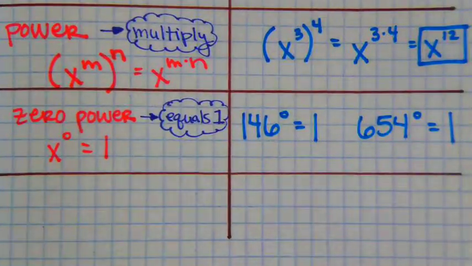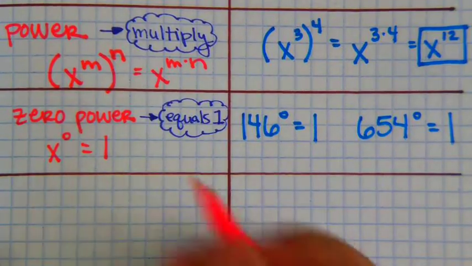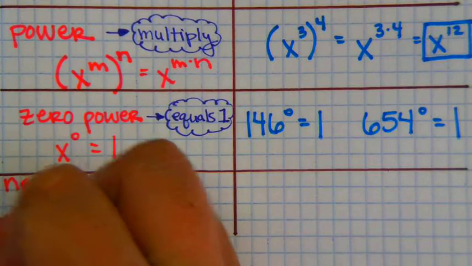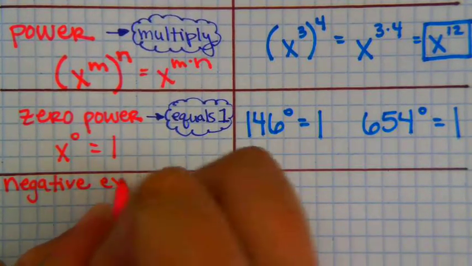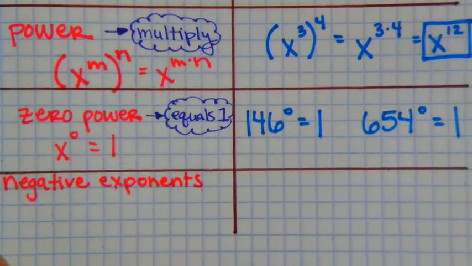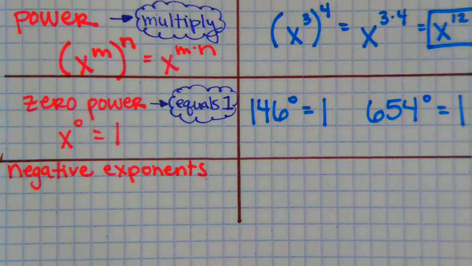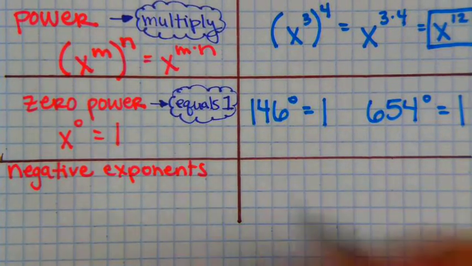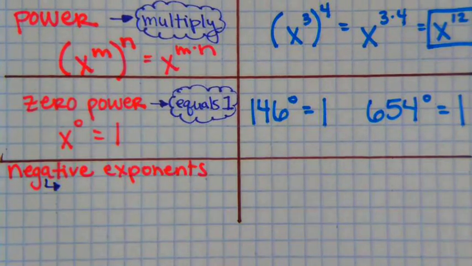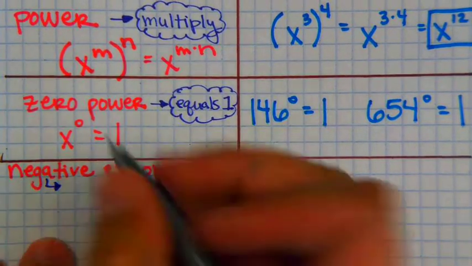And then the last rule that we're going to talk about is negative exponents. With negative exponents, you flip and you make it positive.